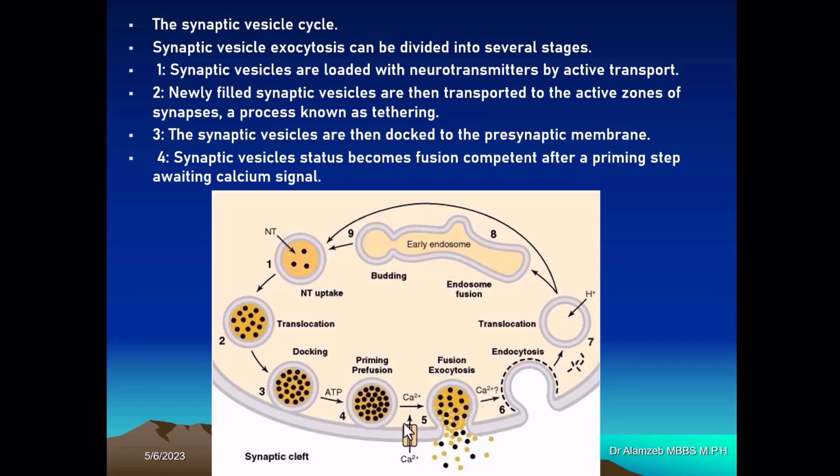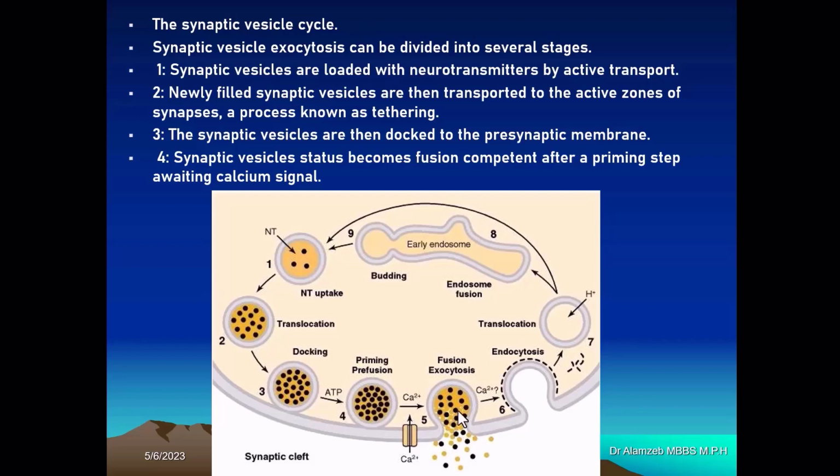When calcium enters the neuronal end by stimulation, the vesicles are mature or competent, and this entry of calcium causes fusing or merging of the vesicle and the membrane.